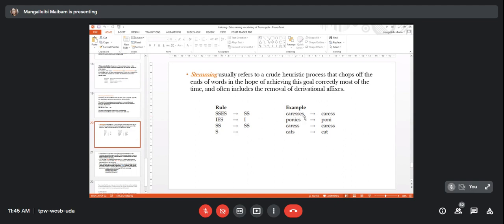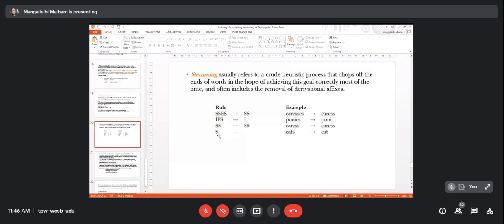Here, some words end with SSES, for example caresses. For caresses, we can remove the ES, and the result is caress. There are some words which end with IES; that can be replaced by I, so ponies becomes poni. When words end with SS, we cannot do anything, so it remains the same: caress, caress.